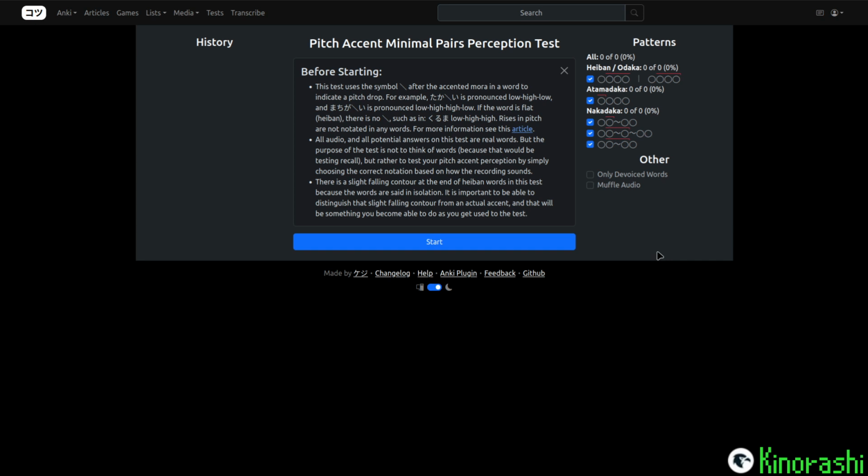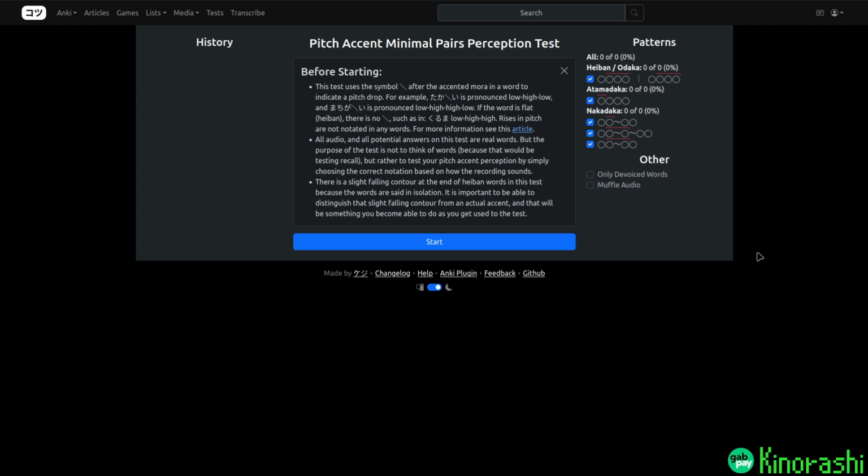Okay, verbs that are not heiban are either atamadaka or nakadaka. There are no odaka verbs.